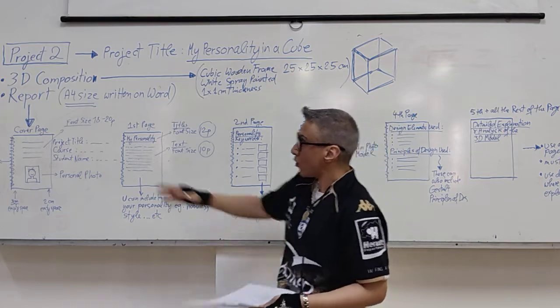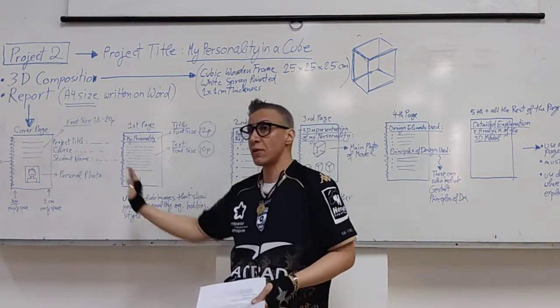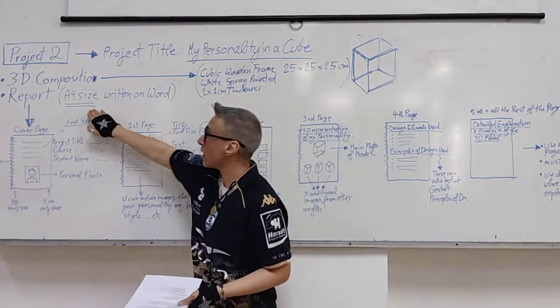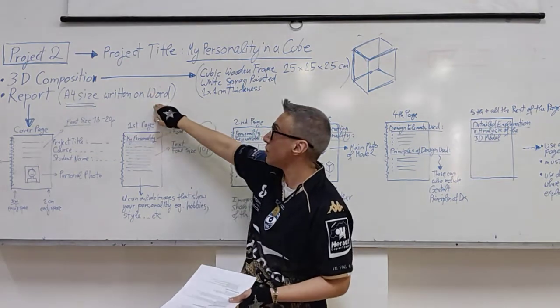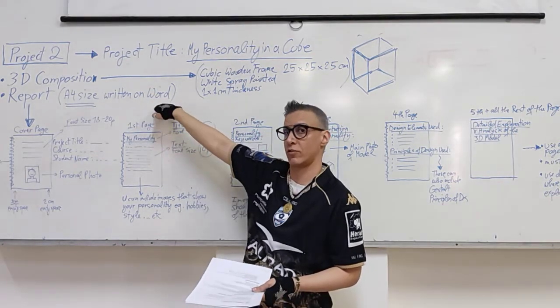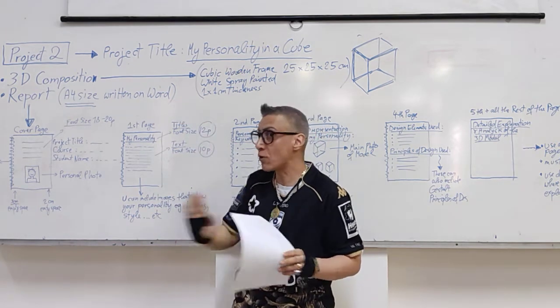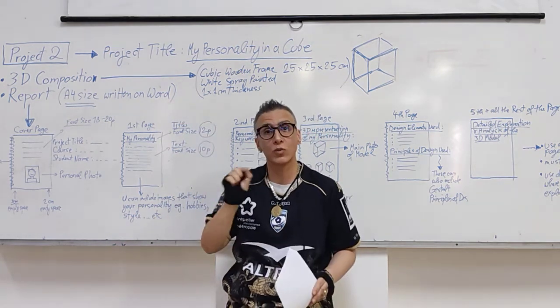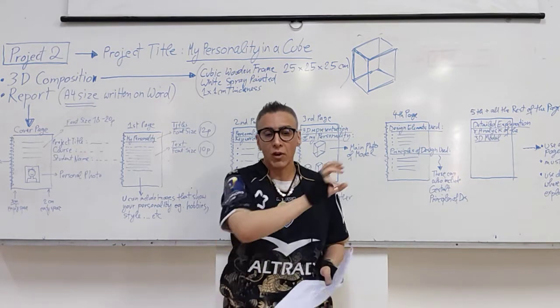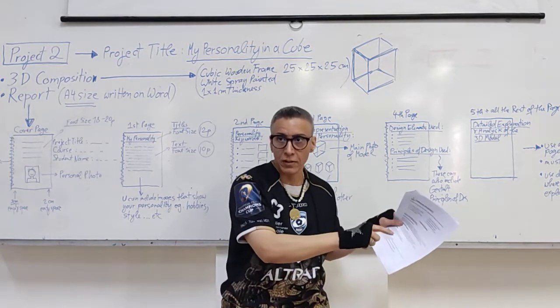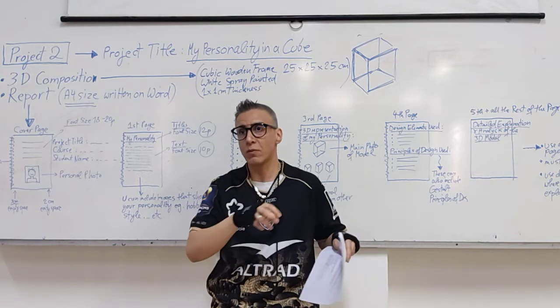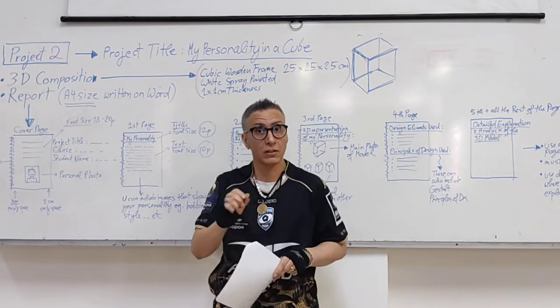Now, the report, which is going to be the written information about your personality, must be A4 size, and it must be written on the Word program, not any other program, not PowerPoint, not anything else, on Word, okay? If you have images, you will take the photos and paste them into the file, okay?